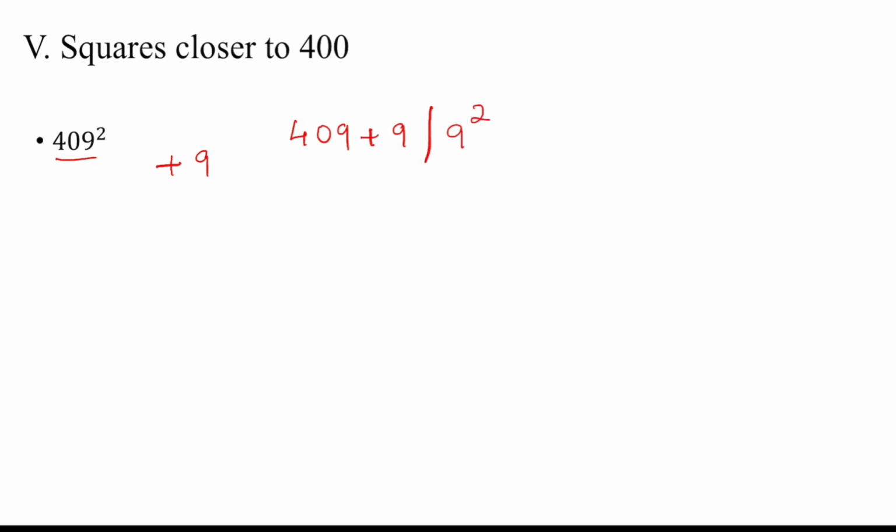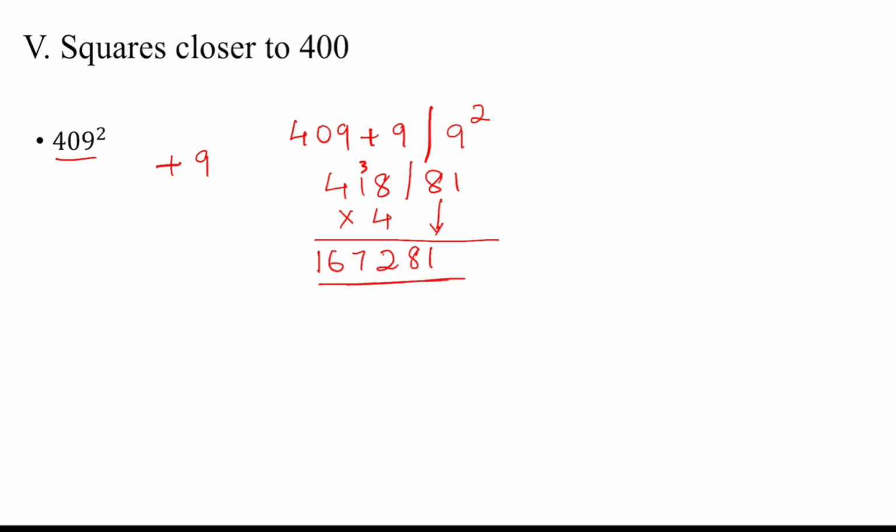Now 409 plus 9 is 418 bar 9 square is 81. Now multiply 4 here. 4 8s are 32, 4 1s are 4 plus 3 is 7, 4 4s are 16, and keep this as it is, 81. So 167281 is the square of 409.